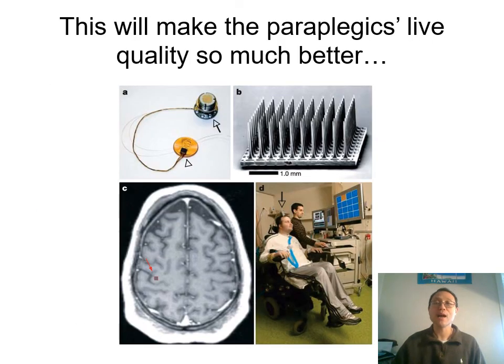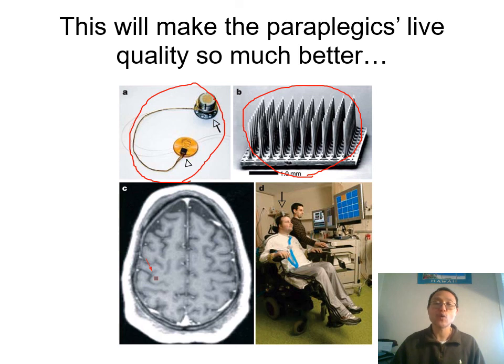So you can imagine how this would make the paraplegic's quality of life so much better, because now they can use these technologies, which include multiple electrodes, or maybe later something very similar to the ERP, reading from multiple channels.